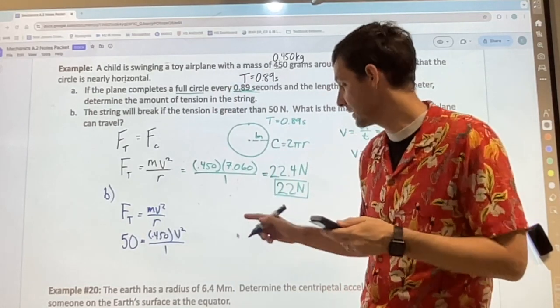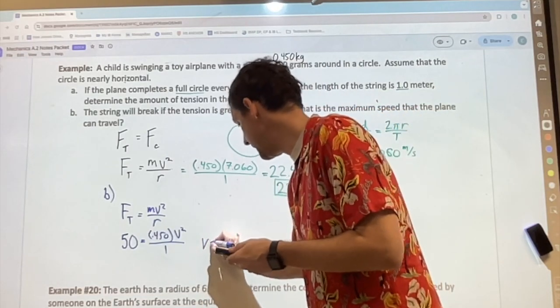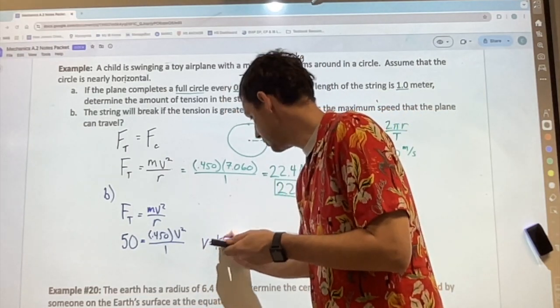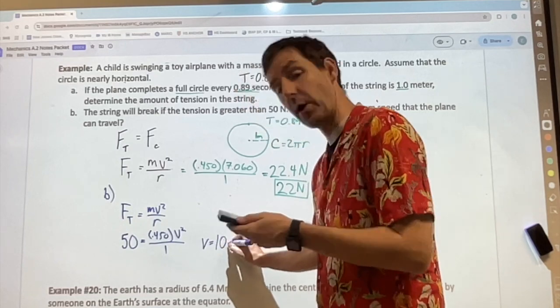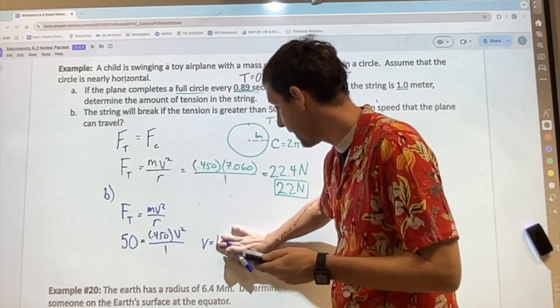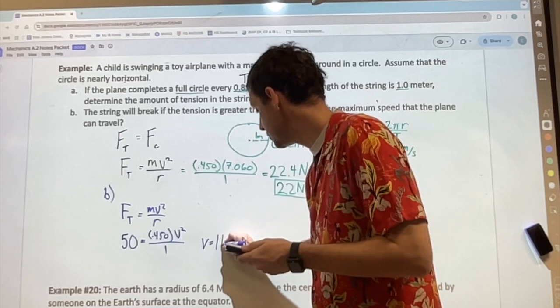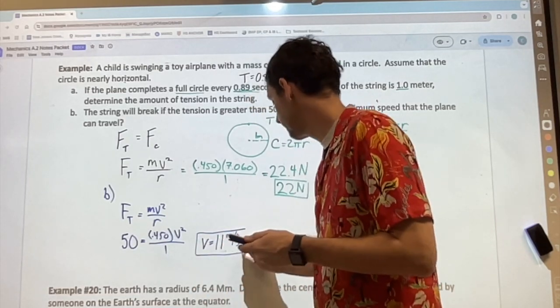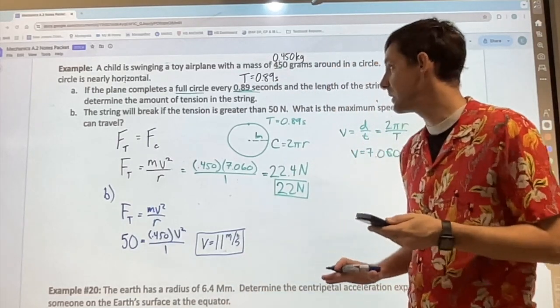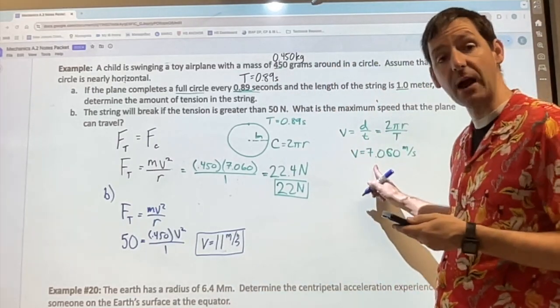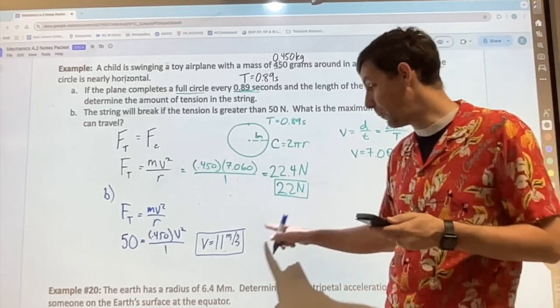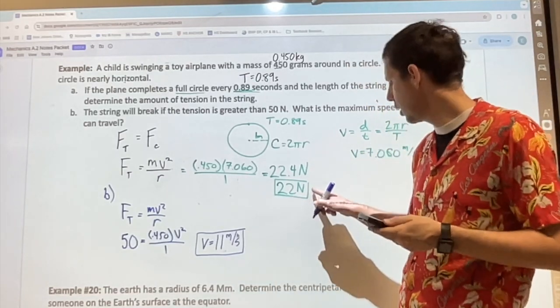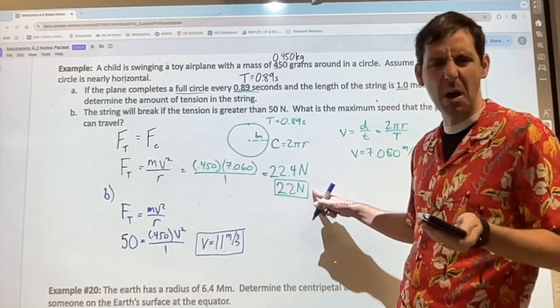And my final answer is that my speed can be anything up to 10.5. So it's 10.5, but because I'm doing 2 significant figures, I'm going to say 11 meters per second. And so that's the maximum speed. Notice that that's faster than it was traveling before. It's not double, right? A lot of students would be like, oh, well, 22 newtons, I just need about double that.